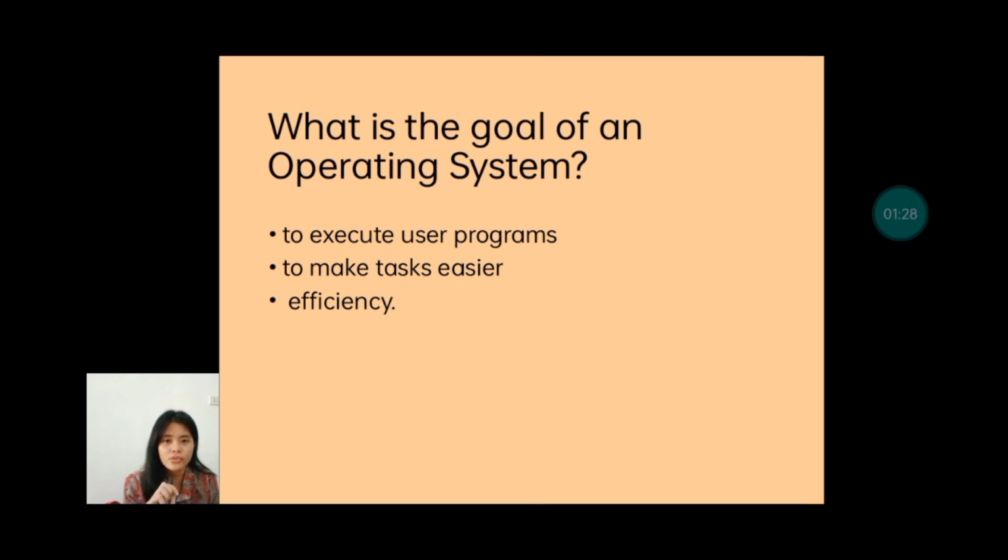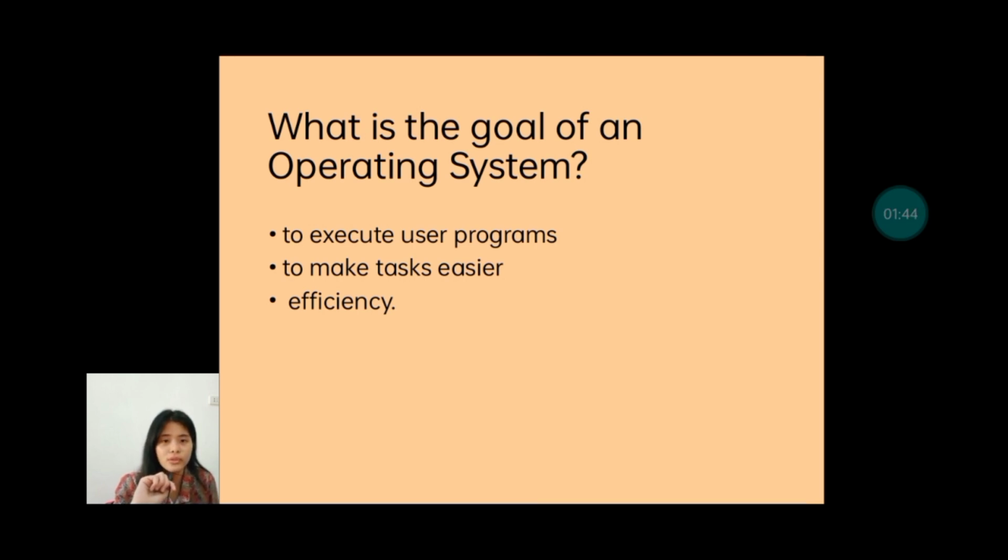So we use an operating system to act as an intermediate between the user and the hardware. All you need to do is give commands to the operating system, and the operating system will do the rest for you.